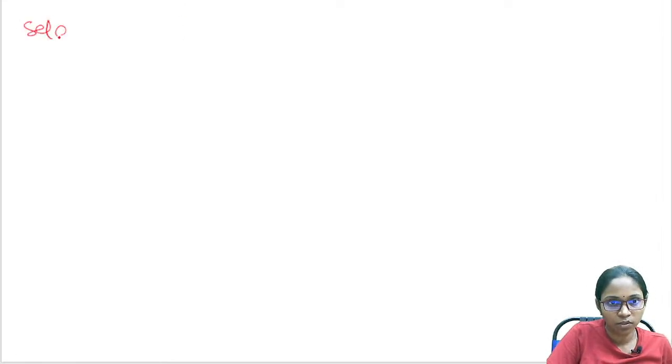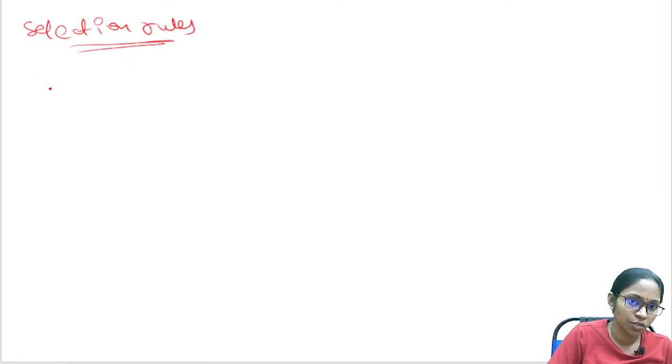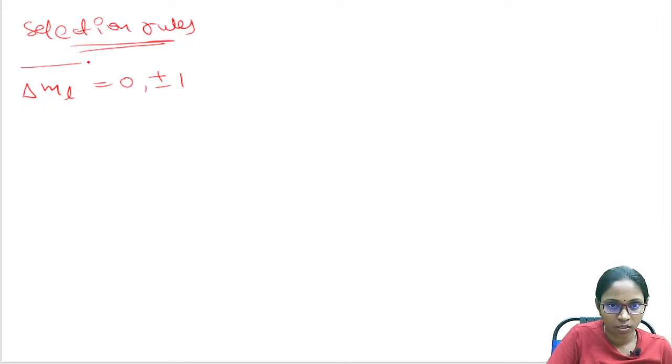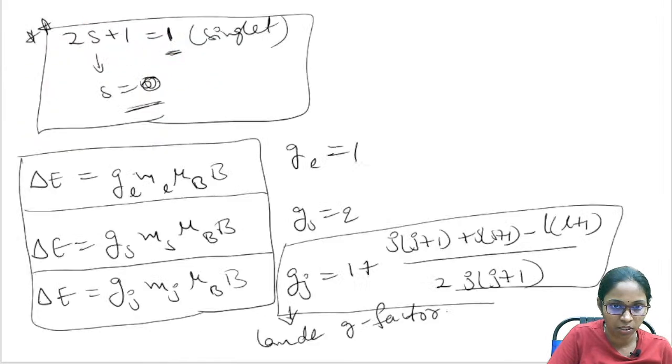Selection rules for Zeeman effect: delta ML is equal to 0, plus or minus 1. And this Zeeman effect is known as the normal Zeeman effect.